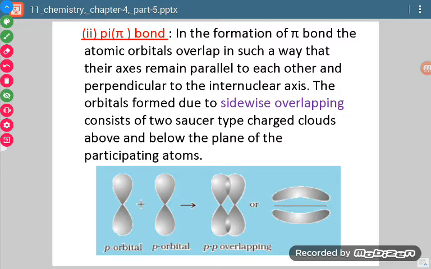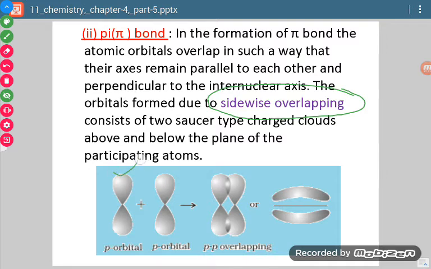Now when we come to pi bond, what is pi bond? Formation of pi bond is in such a way that their axes remain parallel to each other and perpendicular to the internuclear axis. Or what we can say, one exact word for pi bond formation is when the orbitals undergo sidewise overlapping. When the orbitals undergo sidewise overlapping, then there is formation of pi bond.